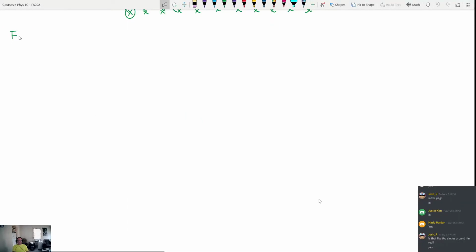Okay, so now we want to find the magnetic field of a long current carrying wire.